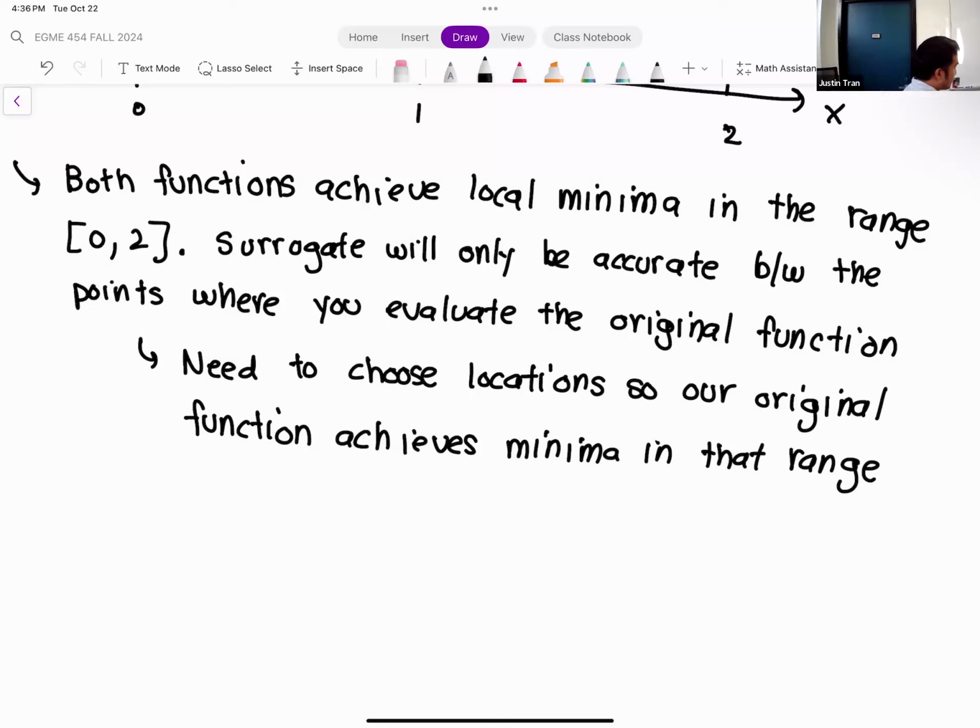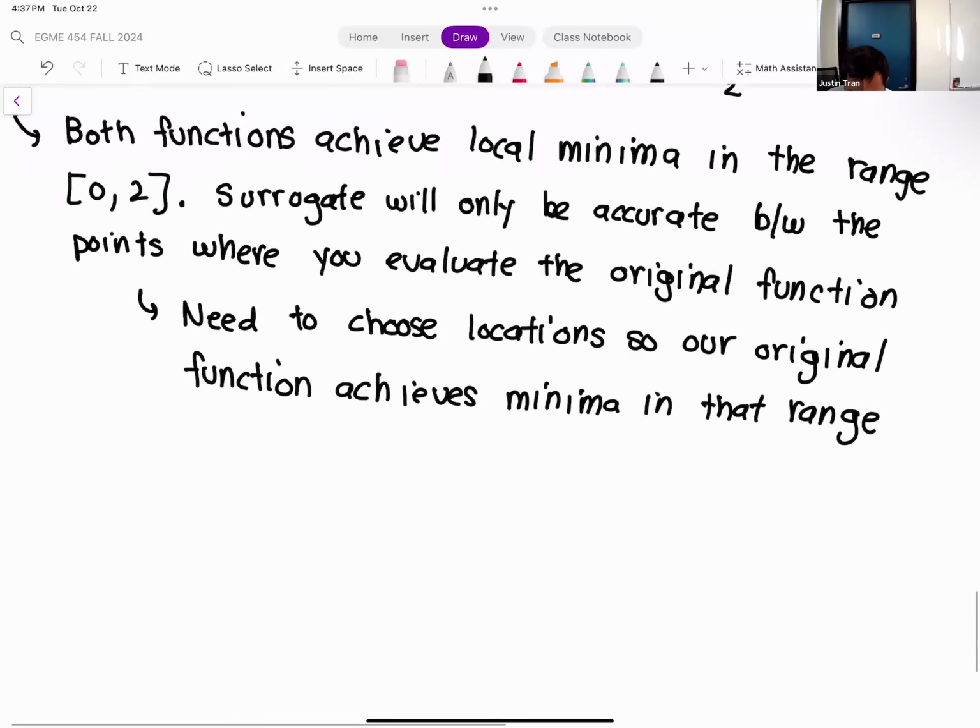This is the first step in the interpolation optimization algorithm: to make sure that your step length, or basically the places where you're evaluating the original function, are sufficient to capture the minimum, but not so large that you get an inaccurate surrogate. So step one of the interpolation algorithm is to find the optimal step size.